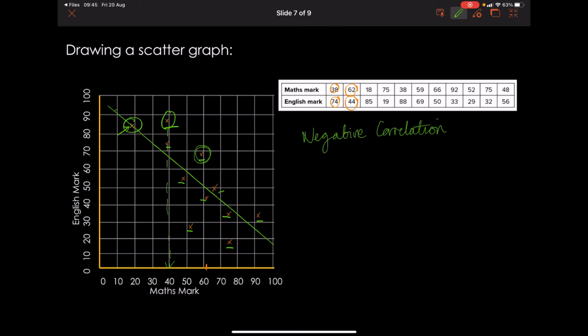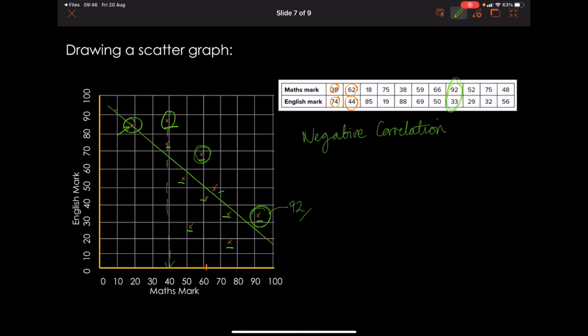He got 69 and 59 and 69 in his. Okay, so that's not too bad. He's doing kind of well. But the further we go here, like the better you do in maths, not as well in English. Okay, so he got 92 in maths. Okay, but only 33 in English. Okay, it's this guy. All right, so we can see that that's a negative correlation.